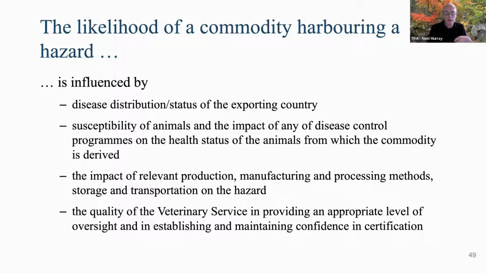And then, as well as the quality of the veterinary service or the competent authority. And this becomes important in providing us with confidence about the level of oversight that they're able to provide in looking at the disease status of the country and any assurances that may come with certification if and when we need to apply some sanitary measures.